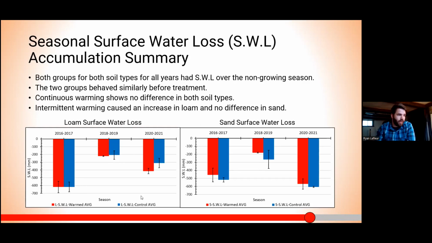That's why we made sure we had a control and a warm treatment per year, because we knew trying to do a comparison from one year to the next probably wouldn't amount to much, because like you said, there are a lot more variables in how much precipitation occurs and when it comes in. If that answers your question.